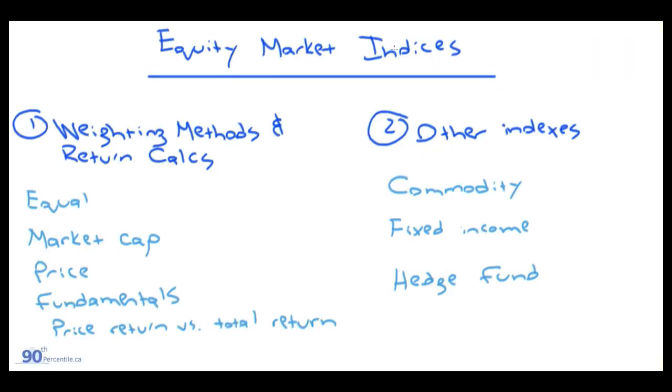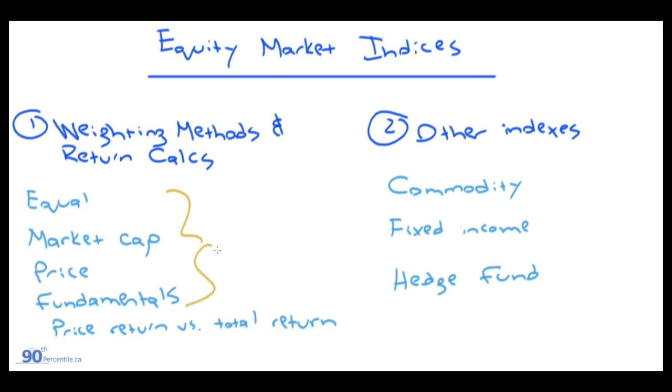Now we make our way to equity market indices. Key two topics here. One, we're going to be talking about different weighting methods and return calcs associated with market indexes. There's a bunch of different ways that these index creators can weight the securities or place a greater or less emphasis on certain securities in an index.